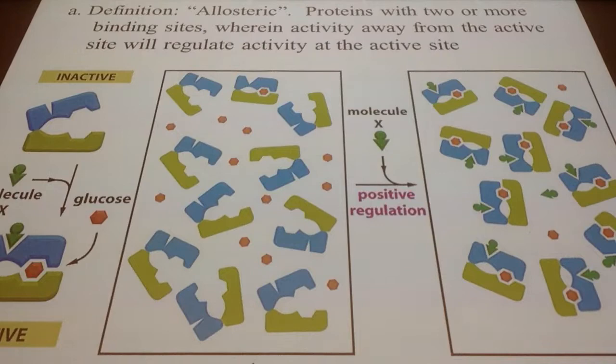It has to do with equilibrium, where the more of something you have, the more likely it happens. So even if you don't have the regulatory protein, you could still have the reaction. It's just going to take a lot longer. Whereas if you have that regulatory protein, it would always cause the enzyme to be in the right conformation to then carry out glycosylation. So I'm forcing you to remember stuff from before.